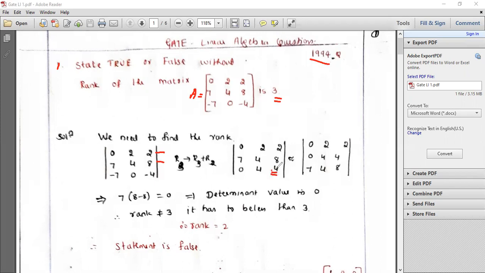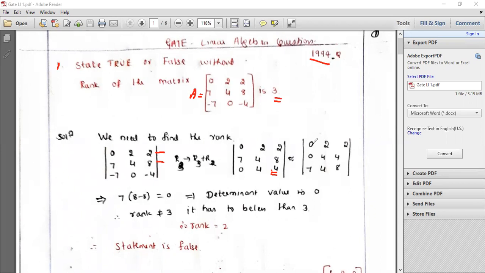Now I just interchange R1, R2 and R3, so I'll get this particular determinant. If you see this determinant, these two elements are anyway 0, so the only element we can multiply with is 7. I'm taking the determinant with respect to the first column; you can take plus, minus, plus, or you can take any particular column or row to define the value of the determinant.